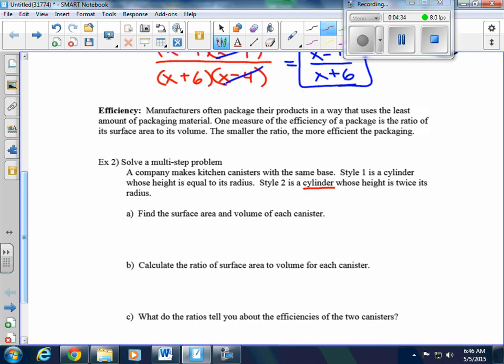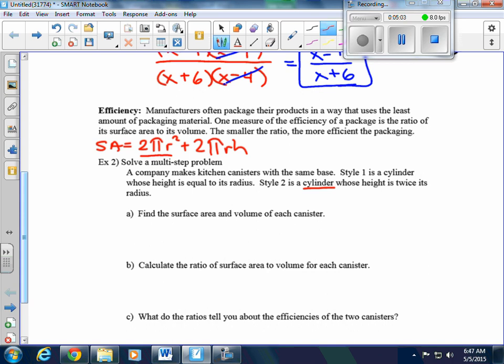So what we're going to do is look for the surface area of a cylinder, which is 2 pi r squared plus 2 pi rh. Well, the reason for this is that the base of the cylinder is a circle, and we all know that the area of a circle is pi r squared. Then we have two bases, one on the top, one on the bottom. So there's our 2 pi r squared.